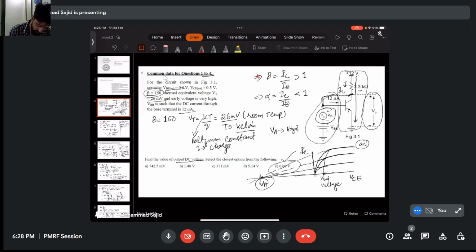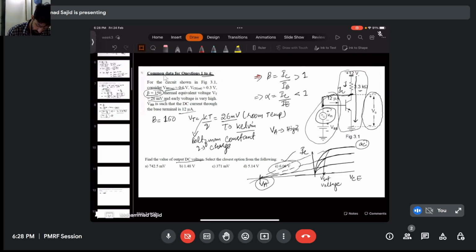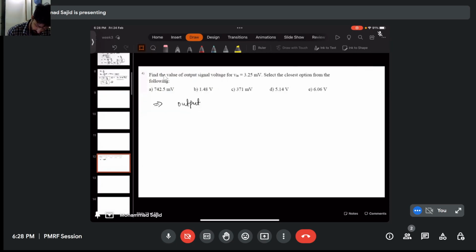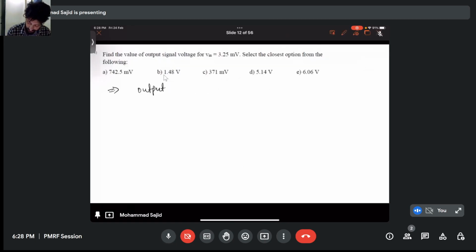Let's see. I'm not able to copy a circuit. Let me just draw it here.